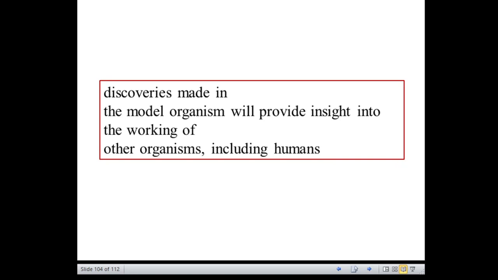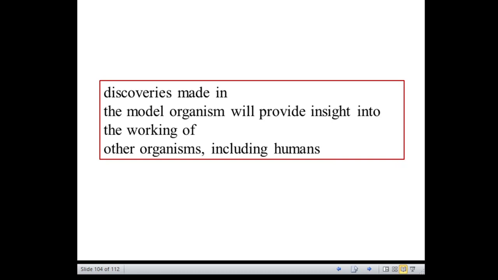Say for example, sea urchins and the frogs were the main animals that were used for the first experimental investigations at the beginning of the studies using animals.